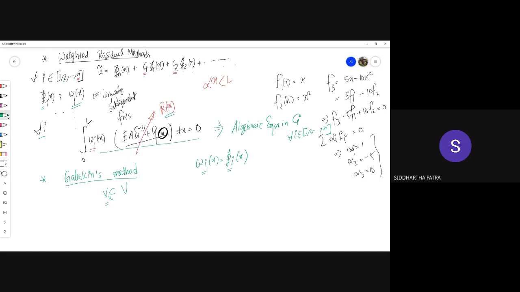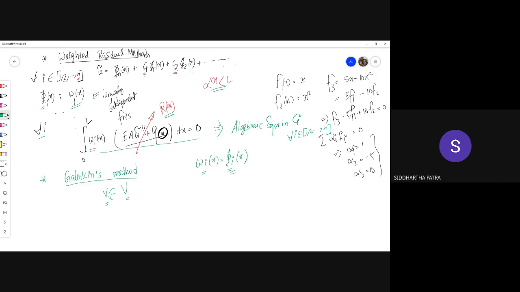But instead of choosing a subset of functions, if we were to choose all possible functions, that means there should be an infinite number of such phi i's, and for an infinite number of such phi i's or wi's, which are linearly independent, if this residual turns out to be 0, that only means that this residual is trivially 0 for all values of x.